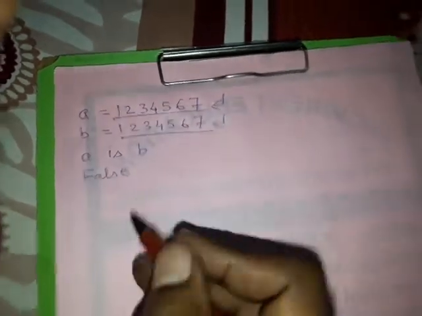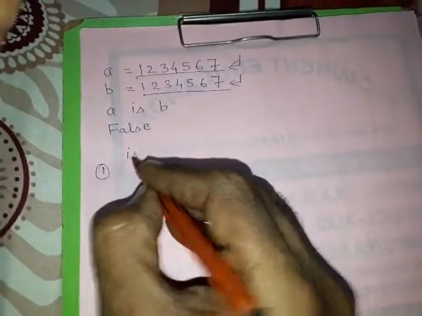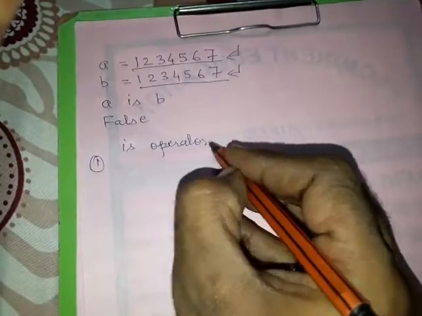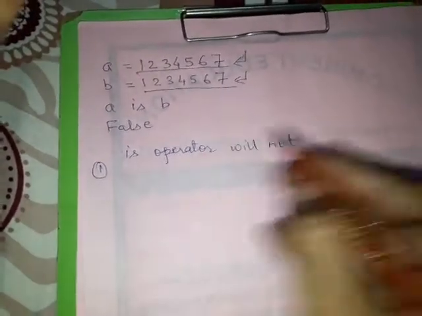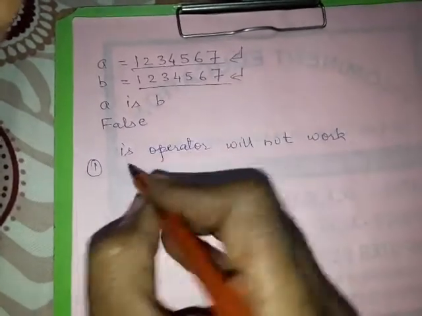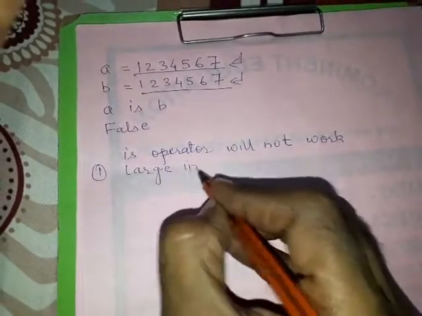So what does this mean? It means the is operator will not work. In which cases? Where there are large integer values.